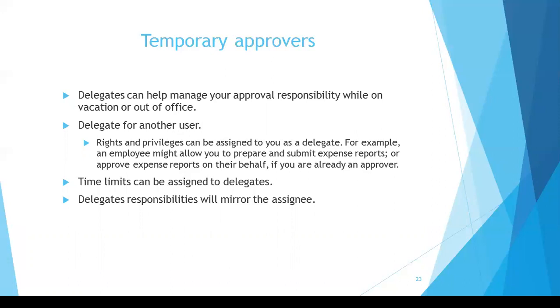If not, then that person cannot approve it for you. You can also set a time limit when you can give this power to another person. And the only thing is, if you give it to somebody who has lower approving power than you do, that person will have the same approving power while you are in this temporary approval phase.